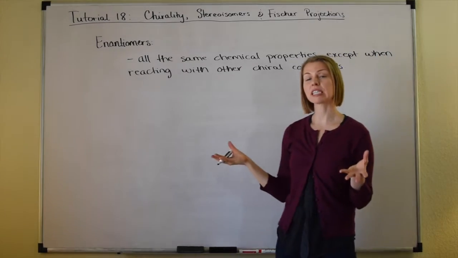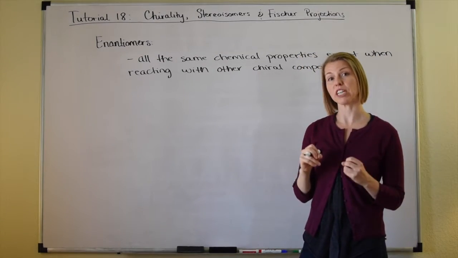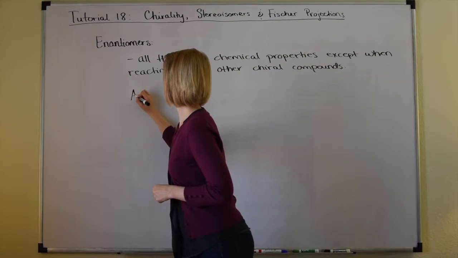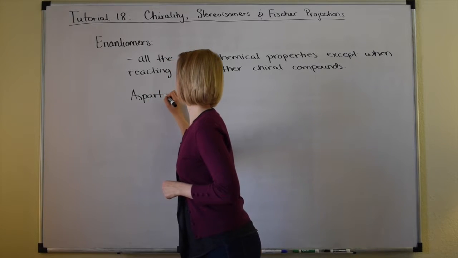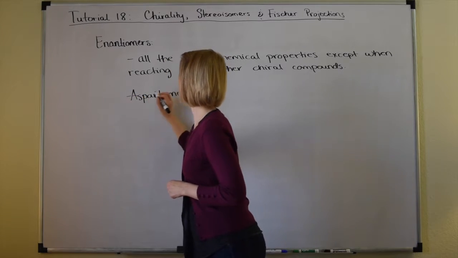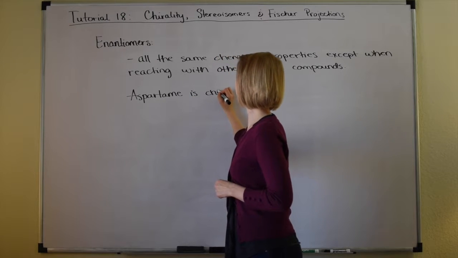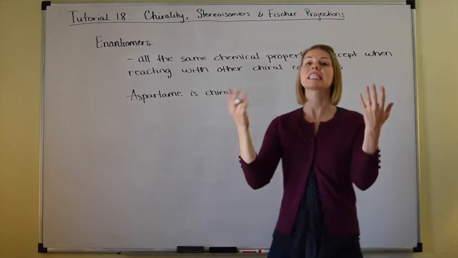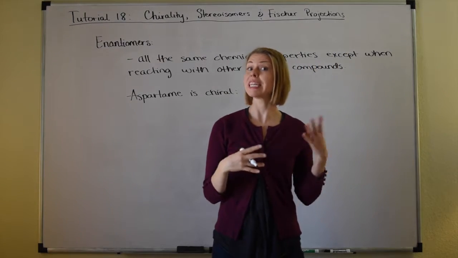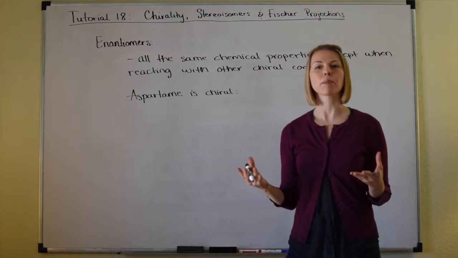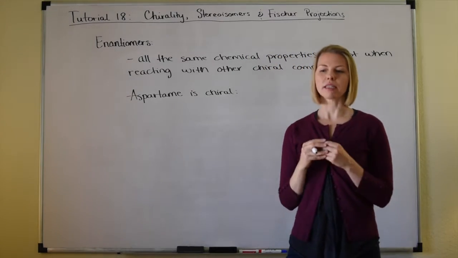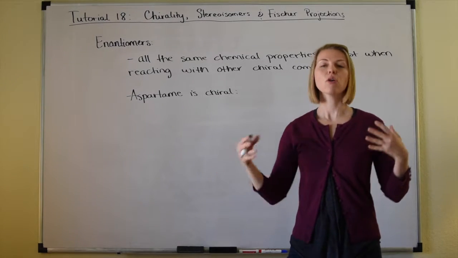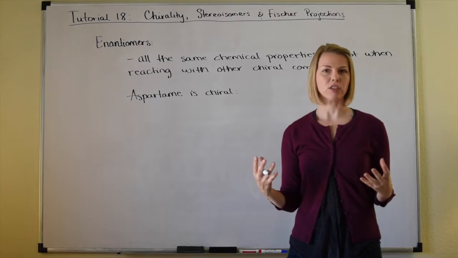As an example of this, let's just consider the artificial sweetener aspartame, which is a chiral molecule. If aspartame and its non-superposable mirror image form, its enantiomer, are reacting with something that is achiral, something like water in a hydrolysis reaction, the two enantiomers would react the same exact way.